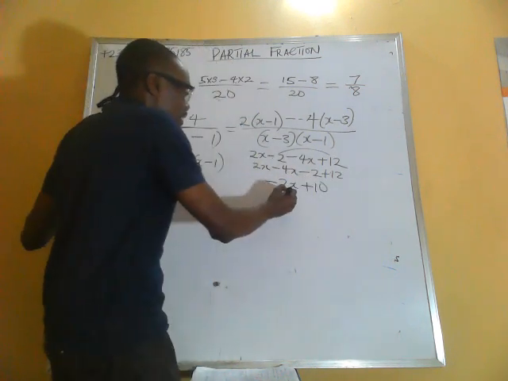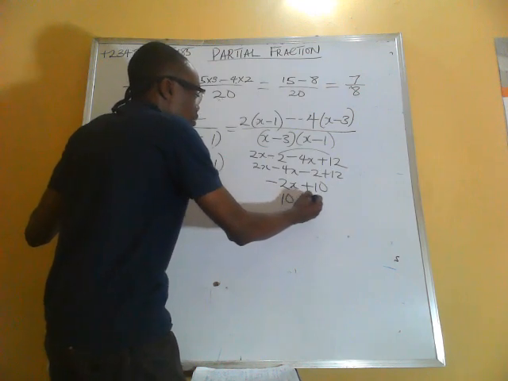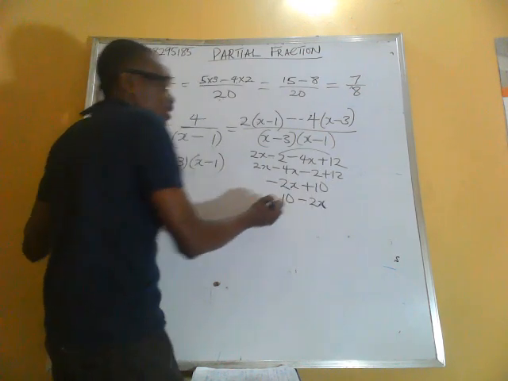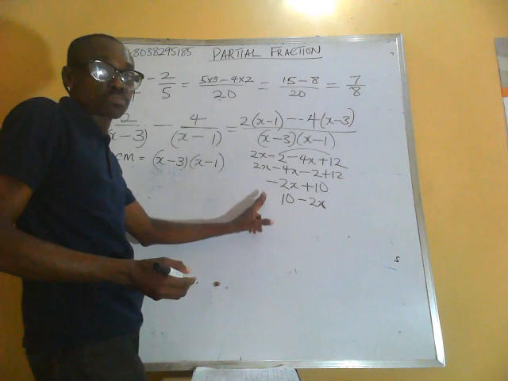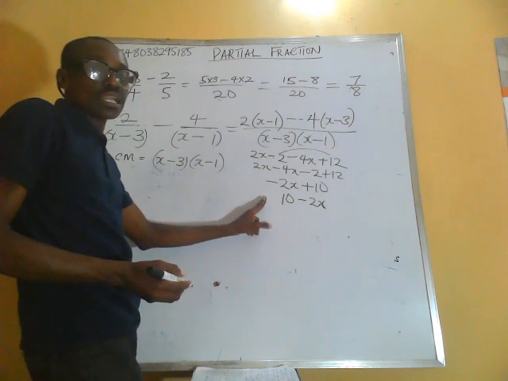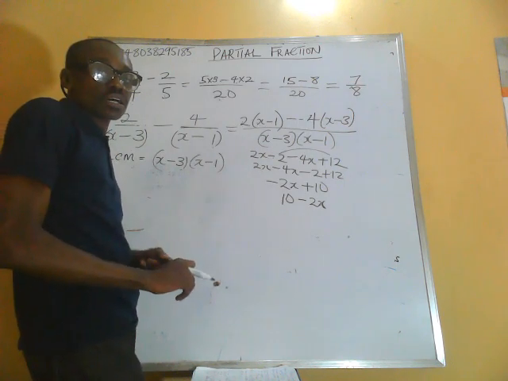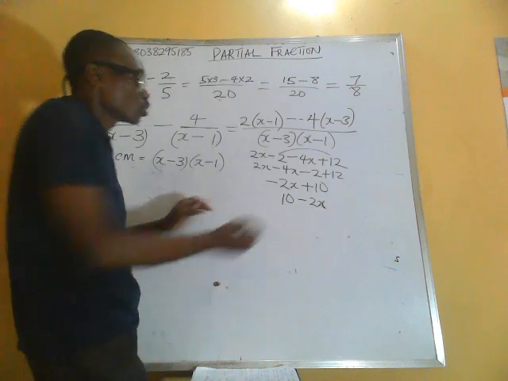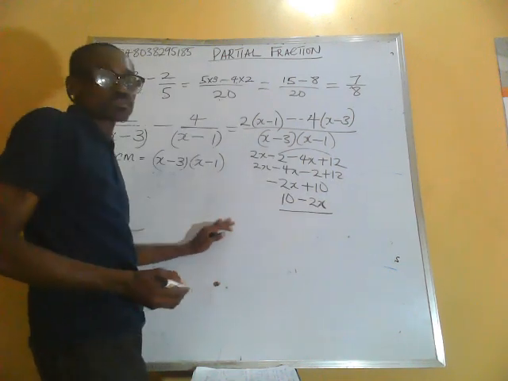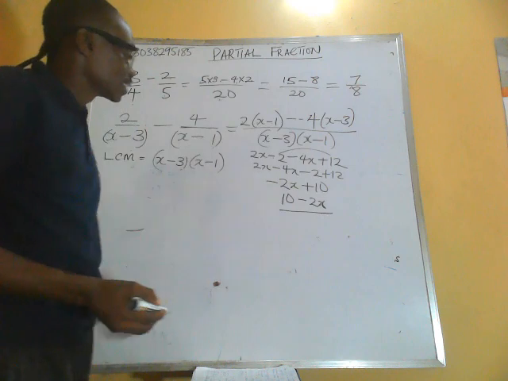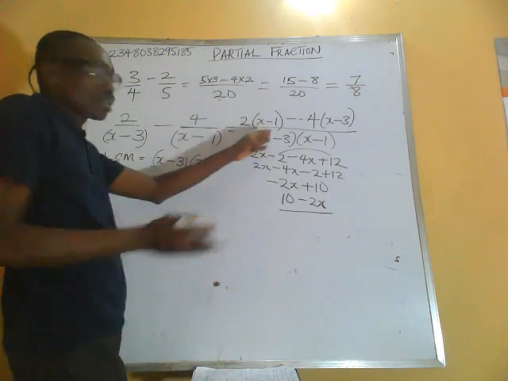So you can write this as 10 minus 2x. This is the same thing as plus 10 minus 2x. There's no point putting a plus once it is the first term in your expression. So this is our numerator now, and we can combine it with the denominator.